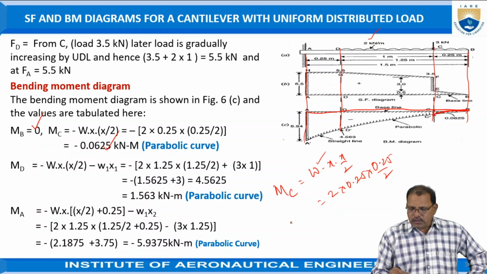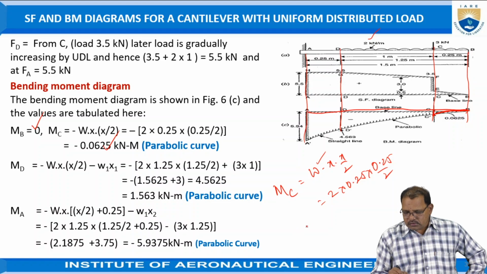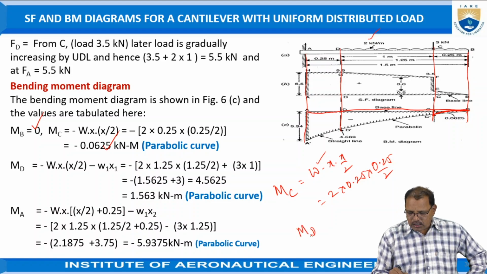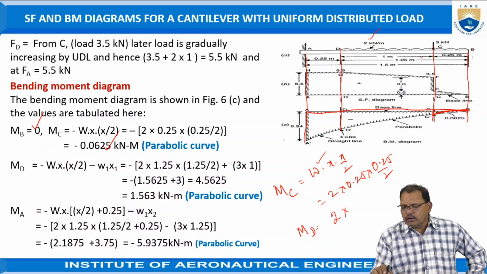And the bending moment at D position now, M_D, is equal to the effect of uniformly distributed load, 2 is the load into X. X is equal to how much? 1 plus 0.25, that is 1.25. It is acting at 1.25 by 2.